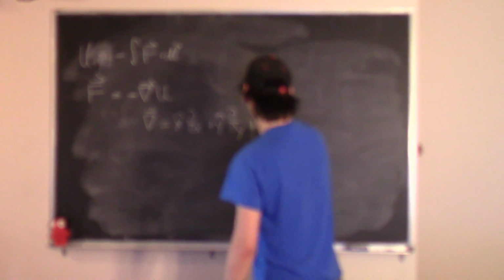Okay, where this gradient in Cartesian coordinates is x hat, partial derivative with respect to x, plus y hat, partial derivative with respect to y, plus z hat, partial derivative with respect to z. We probably won't see anything in 3 dimensions, but this is the general gradient vector in Cartesian coordinates. So right now it might just look like I'm writing down a bunch of equations, but let me show you 2 examples of how this works.